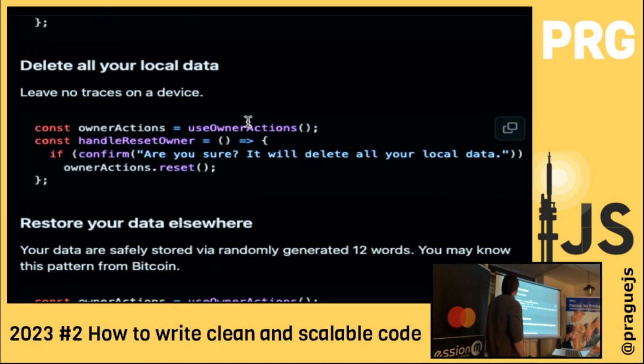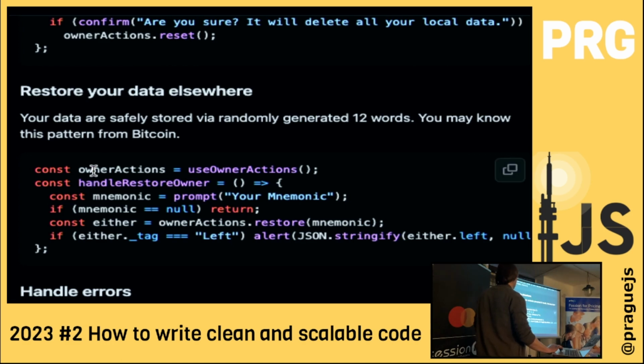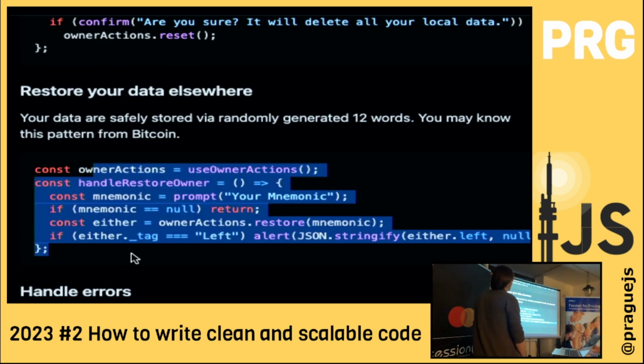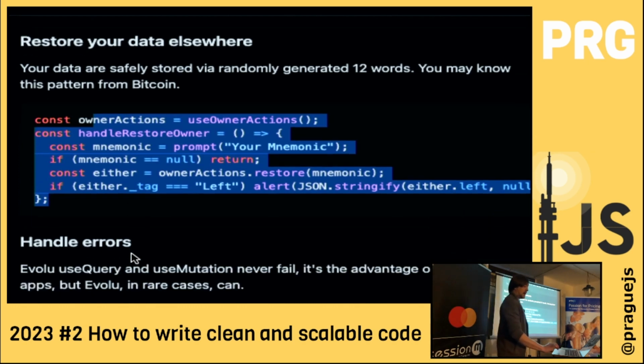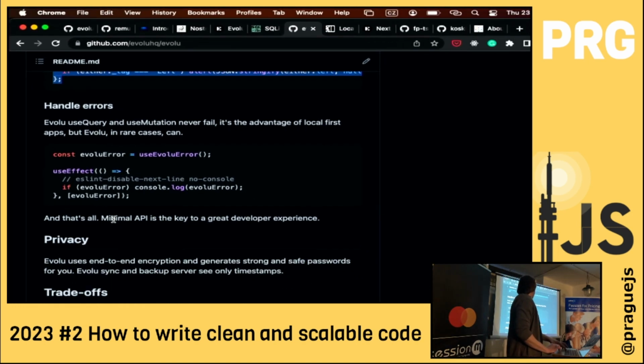You can delete all your data if you are using some device which is not yours, and you can restore your data elsewhere. And this simple thing is almost all the API. It's not the entire API because I have some helpers for some cases, but basically you have seen 80% of Evolu.